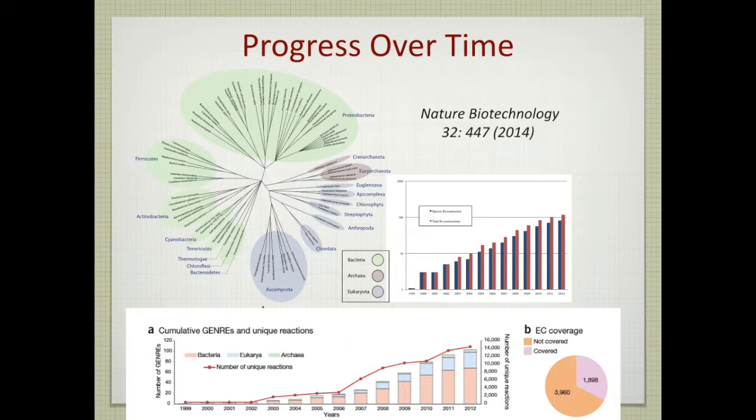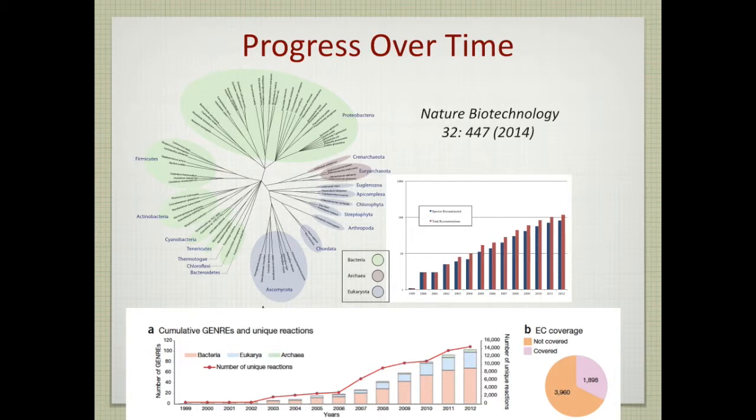And the bar chart next to the phylogenetic tree shows the progress in terms of published reconstructions, and there are about 100 of them now. At the bottom is also an interesting historical profile. It shows the number of unique reactions that have been placed in reconstructions, and the total number of those is now between 14 to 15,000, as I recall.